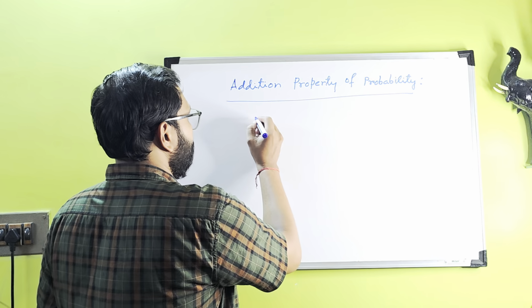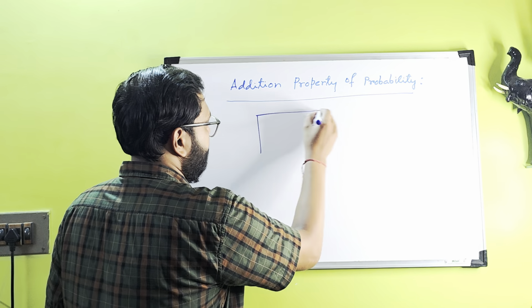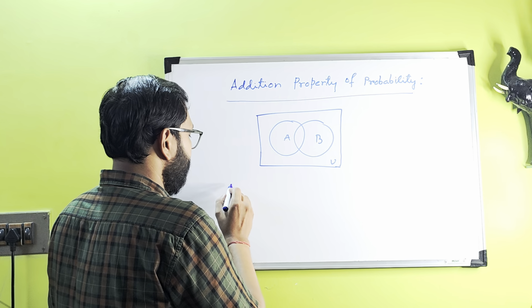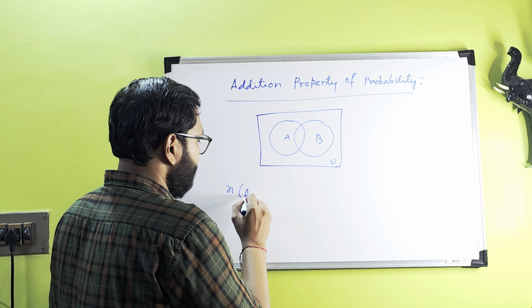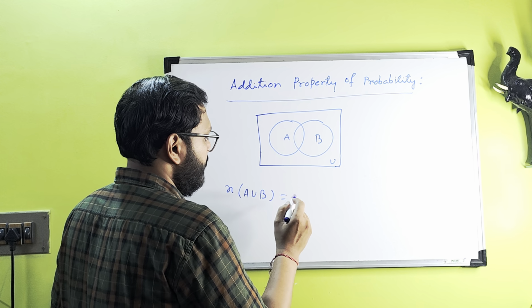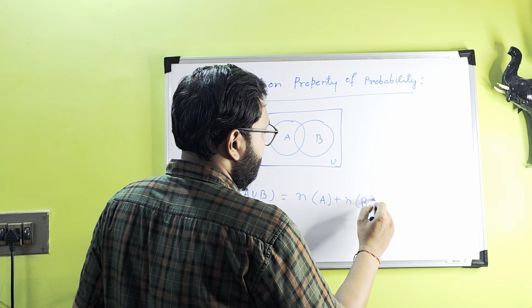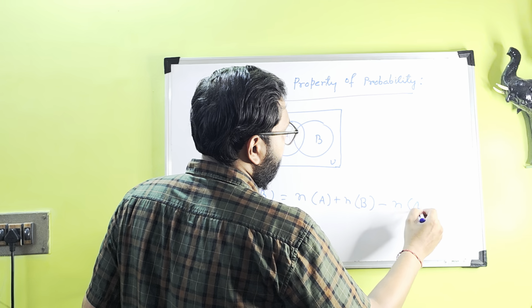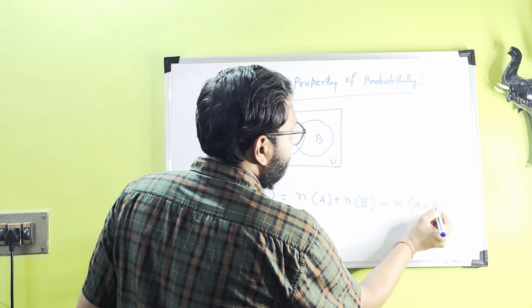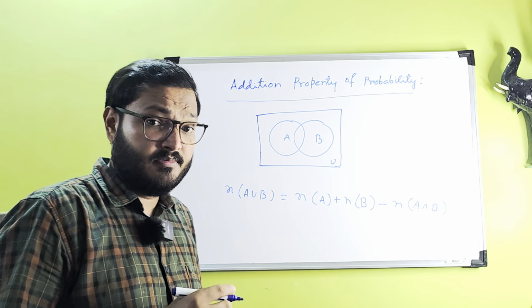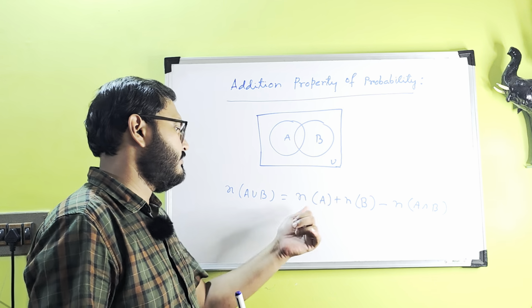I hope you know, if A and B are two sets, then n of A union B equals n of A plus n of B minus n of A intersection B. This is from sets, the cardinality property.